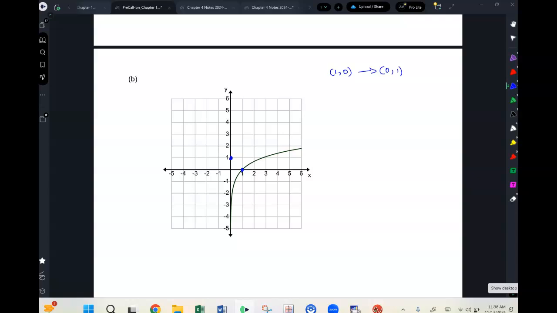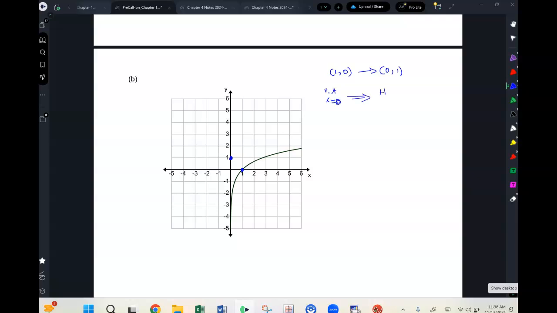Remember, when you go between inverses, everything associated with the x switches to everything associated with the y, and vice versa. That has to do with domain and range, and also with asymptotes and everything else. It looks like there is a vertical asymptote of x equals 0.